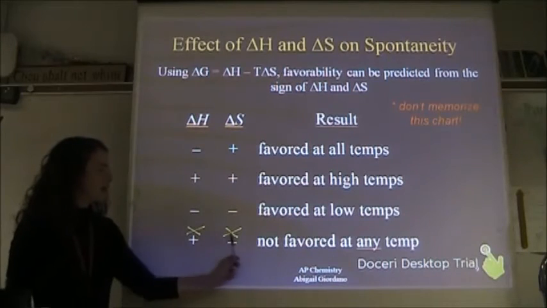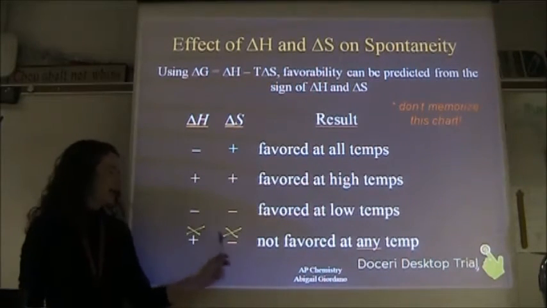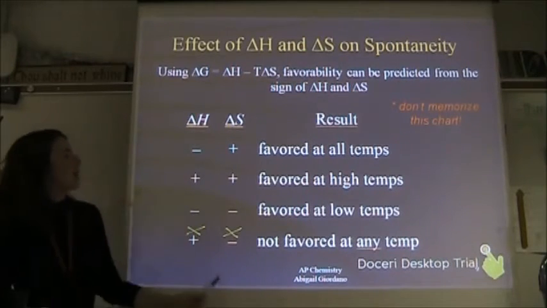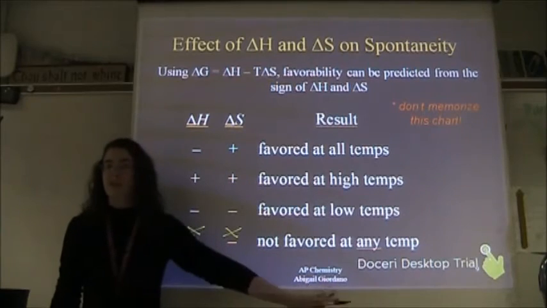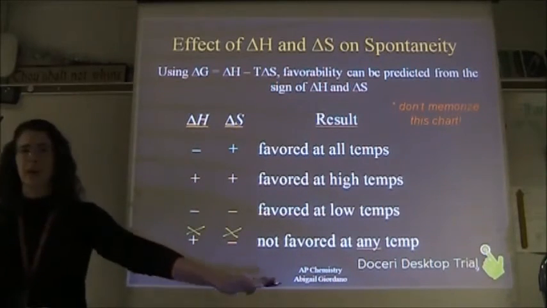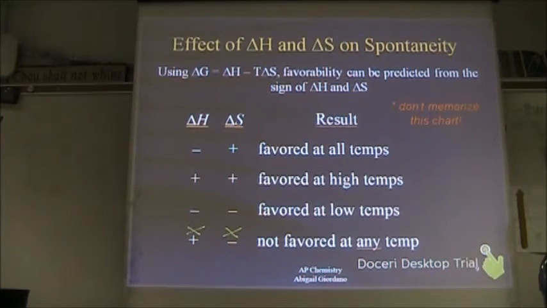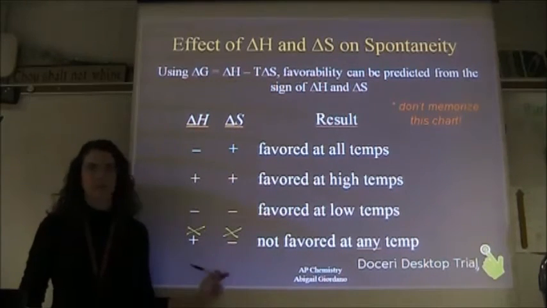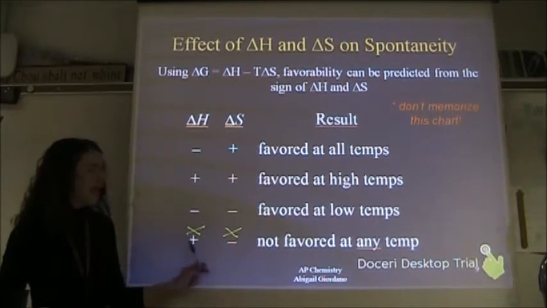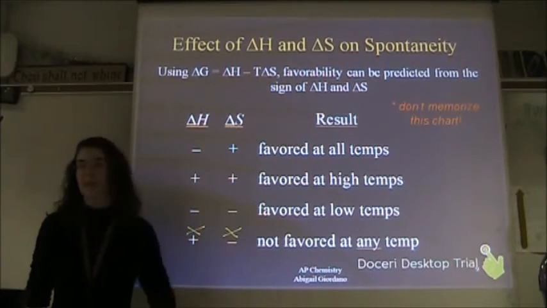And guys, if you have a situation where you have a double no, not likely, that is a reaction that will never be favored, will never be spontaneous, unless you do something to help it out. There's no math required here. Okay? An endothermic reaction that is becoming more organized will never be favored.